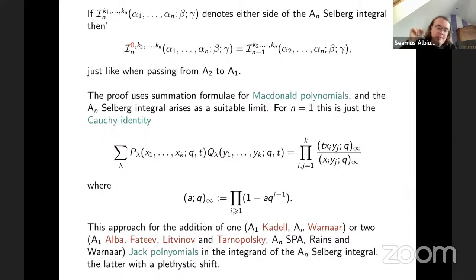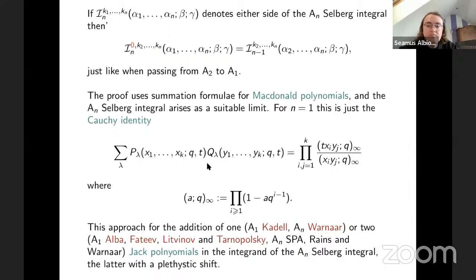So it arises after taking an appropriate limit. And the advantage of using the Macdonald polynomial approach, which is different to Tarasov and Varchenko, who really used a representation theoretic approach when they were evaluating the integral, is that it has a big advantage, which is that it allows you to include symmetric functions in the integrand of the Selberg integral.